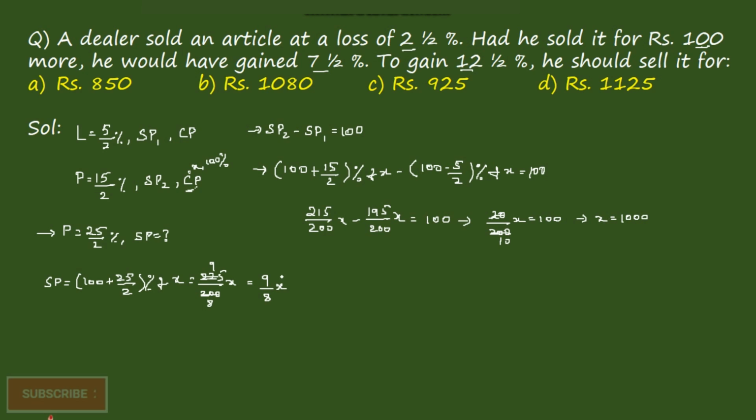We got the X value, so we can find the selling price, which is equal to 9 by 8 into 1000, right? So it goes by 125, which is equal to nothing but 9 into 125, it becomes 1125, right? So to gain a profit of 12 1 by 2 percentage, selling price should be rupees 1125, right? Option D. Come to the next question.